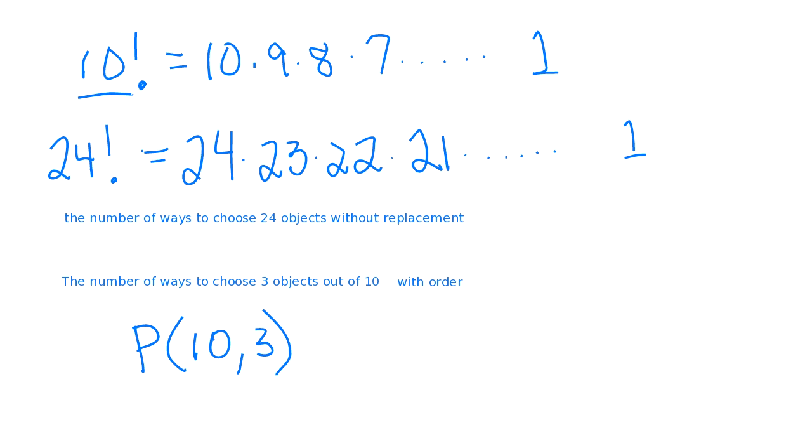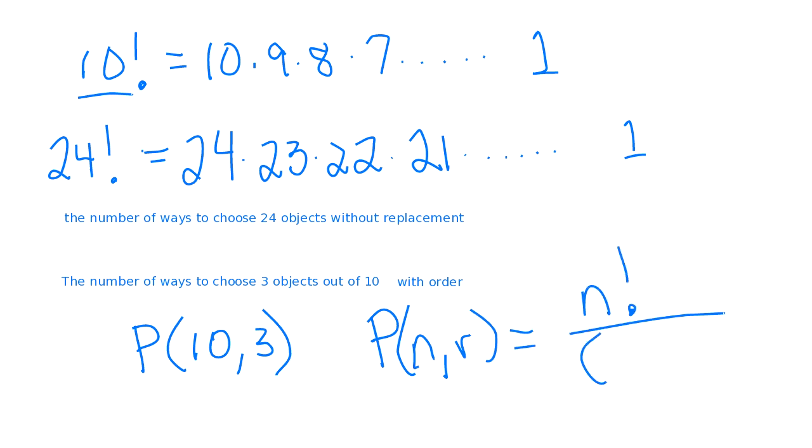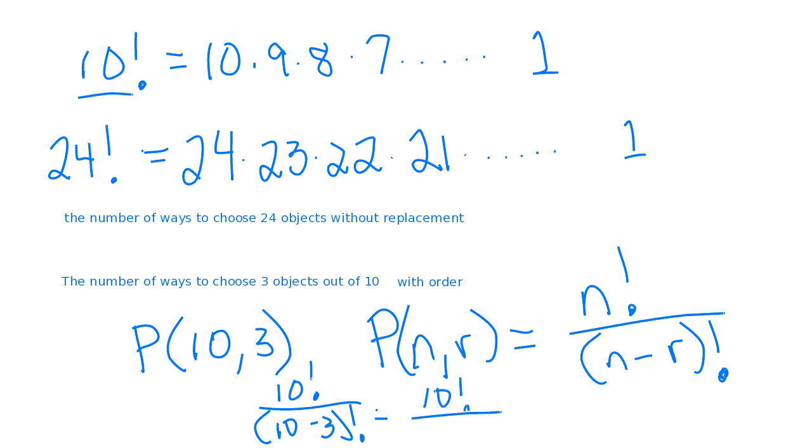The formula for permutation is n factorial over n minus r factorial. So in this problem, it would be 10 factorial over 10 minus 3 factorial, which would be 10 factorial over 7 factorial.